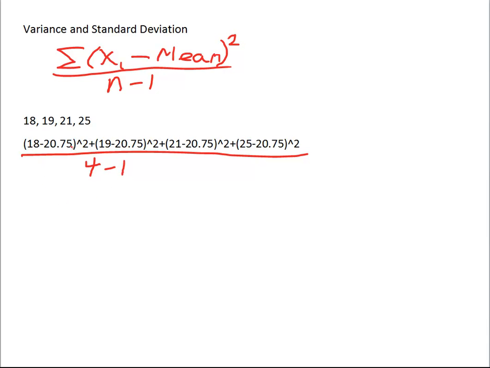So I'm going to just write it in. 18 minus 20.75 is minus 2.75, and then we're going to square that.